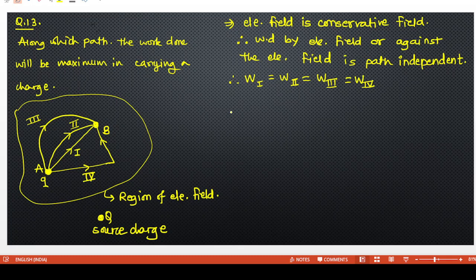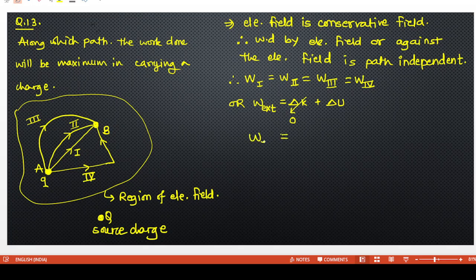Now let us try to prove this mathematically. We know work done by the external force on a system, our system is this small q, is change in its KE plus change in its PE. Now let us say we do the work without accelerating the small q, then obviously the change in its kinetic energy will be 0.